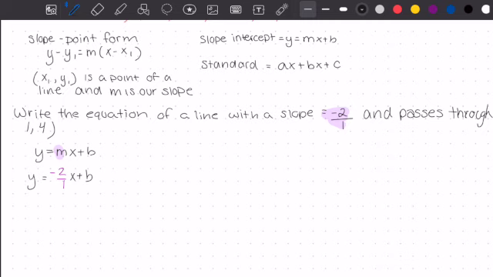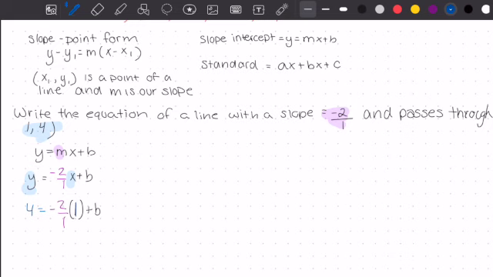And then in order to find our y-intercept, we would plug in the point that we were given. This piece will get plugged in for y and x. And so I would be left with 4 equals -2 over 1 times 1 plus b. Okay? So that is our slope intercept form.